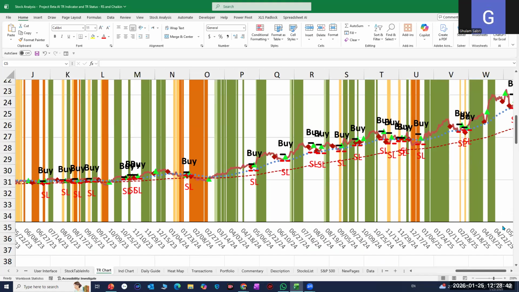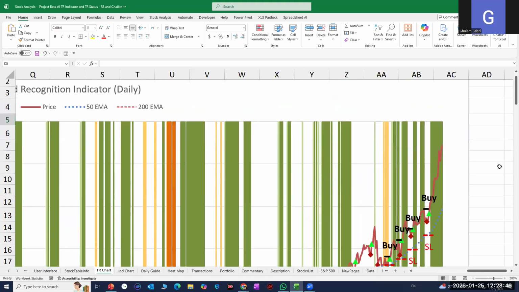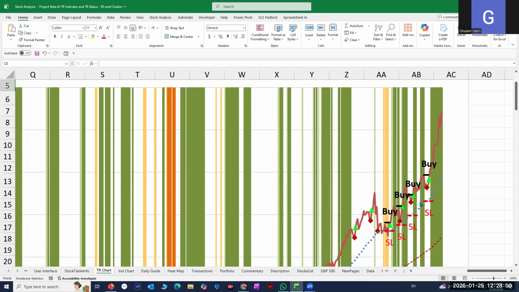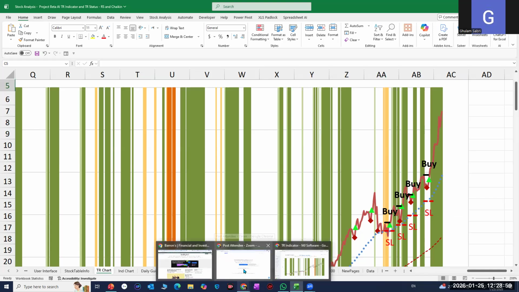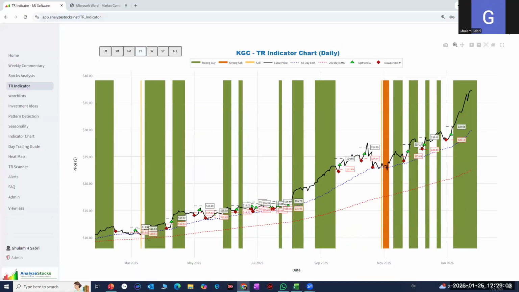And these are the buy and sell points at different points. As you can see, we had this thing somewhere here, and that made us a 30% run in 1 month. So going back to our web-based version.